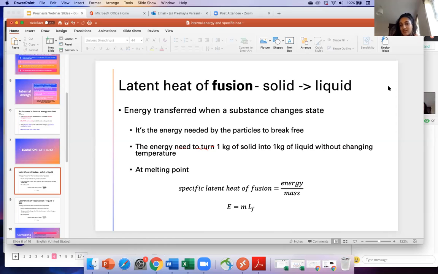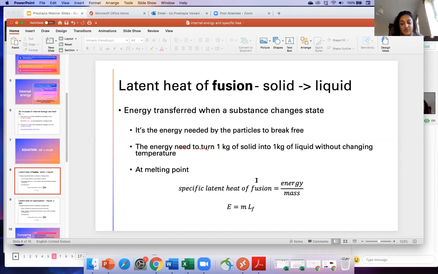Okay, so when we turn from a solid to a liquid, we know that we have a melting point. And this melting point is when the change of state occurs. As soon as we hit melting point, we get the change in state. So we now need to introduce our equation.